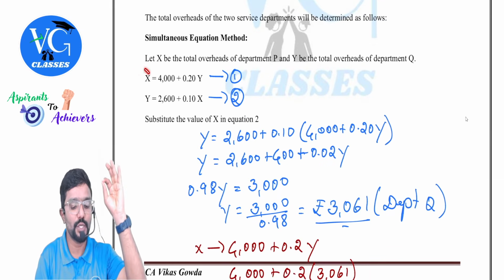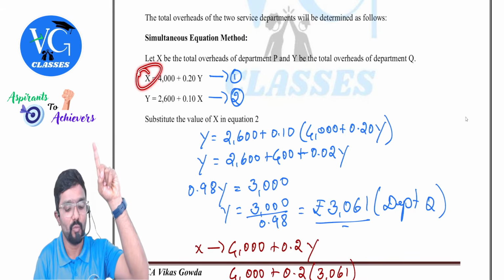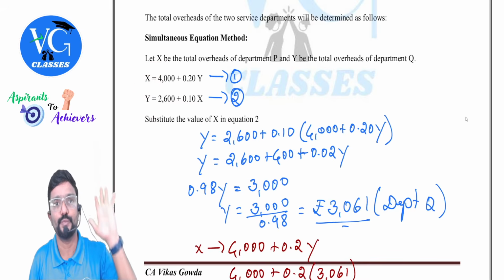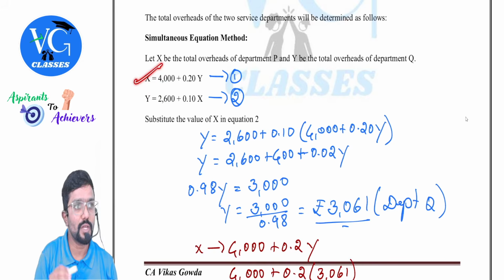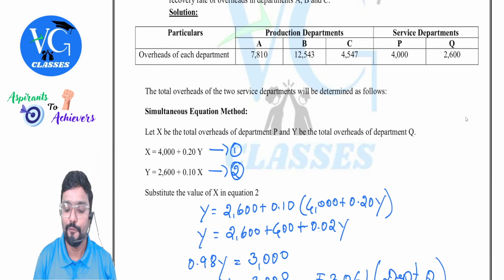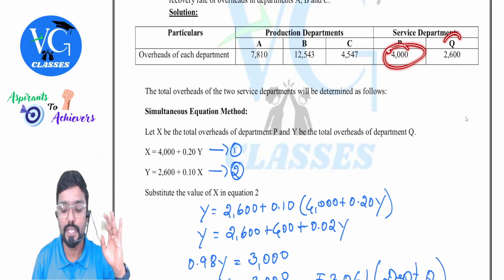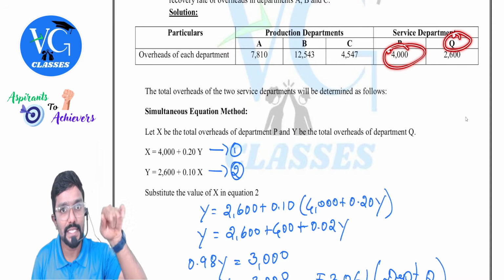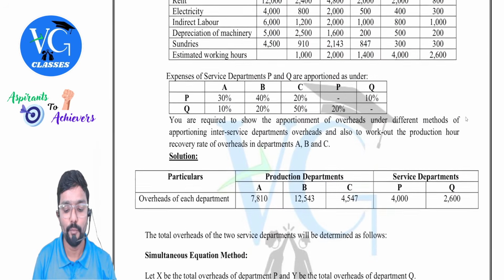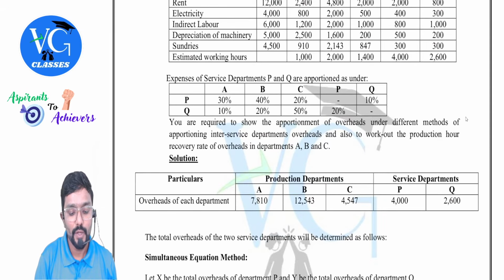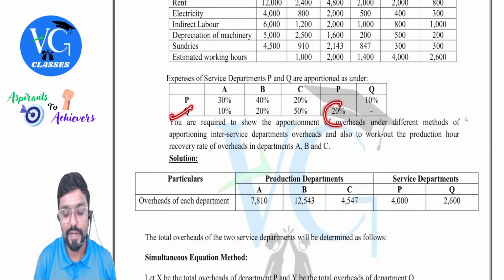Come on. X is the total cost of whom? Department P. Y is the total cost of whom? Q. Okay. Now, what is the total cost of Department P? 4,000, listen, whatever is the total cost of Q, a certain percentage has to go to P. Why, sir? Simple. Q is giving 20% service to P. Correct.